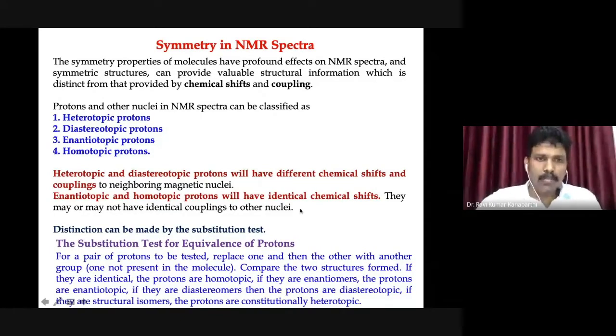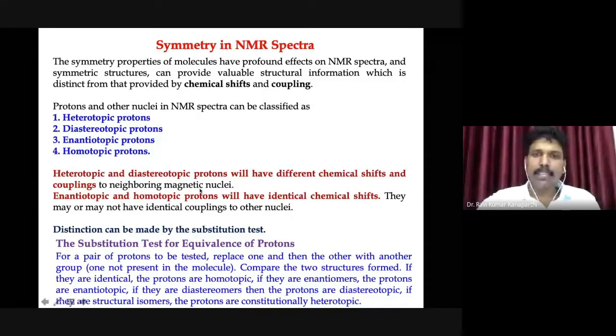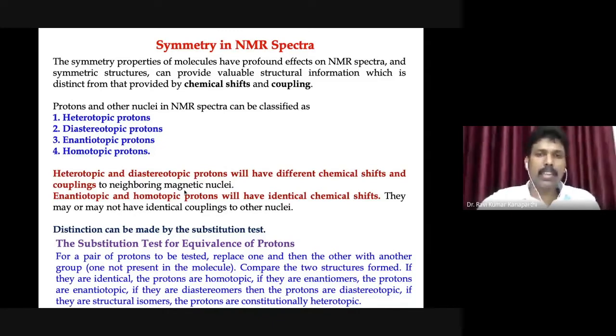Sometimes they may or may not have identical coupling constants to other nuclei. So both are totally different. Try to understand that the heterotopic and diastereotopic protons will have different chemical shifts and coupling constants, whereas the enantiotopic and homotopic protons will have identical chemical shift values. They necessarily need not have identical coupling constants.